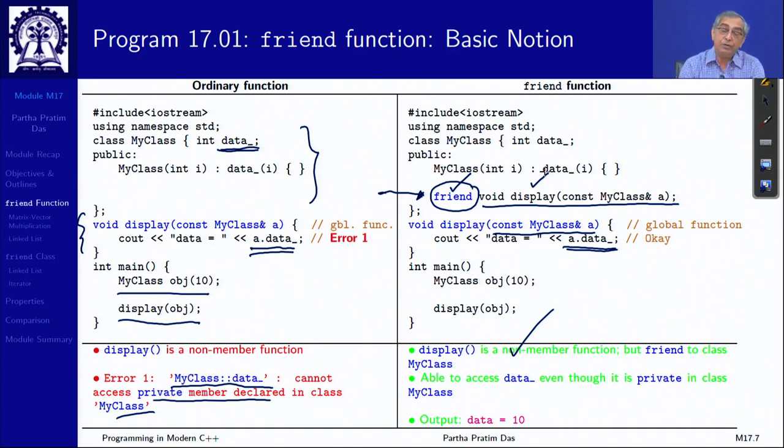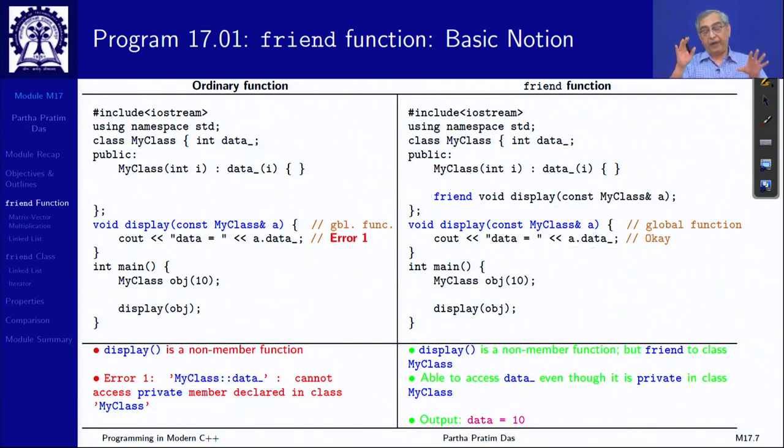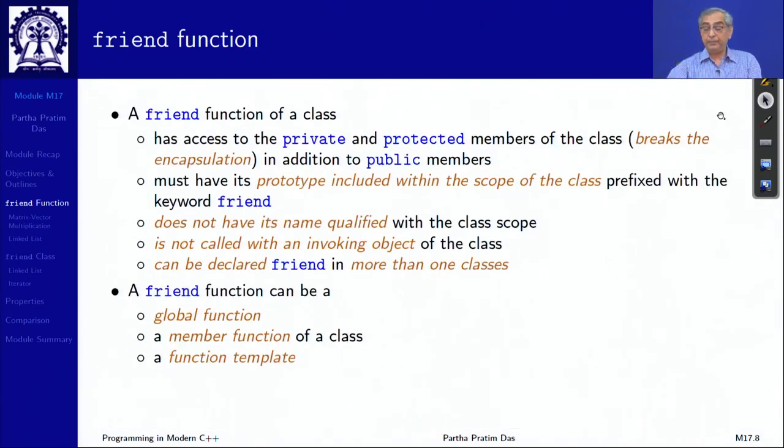So it is allowed to access the private members of the class. That is basically the idea of the friend function. You can see that friend is a way to selectively break the encapsulation that we have built up with so much care, and why we do that will become clear soon.